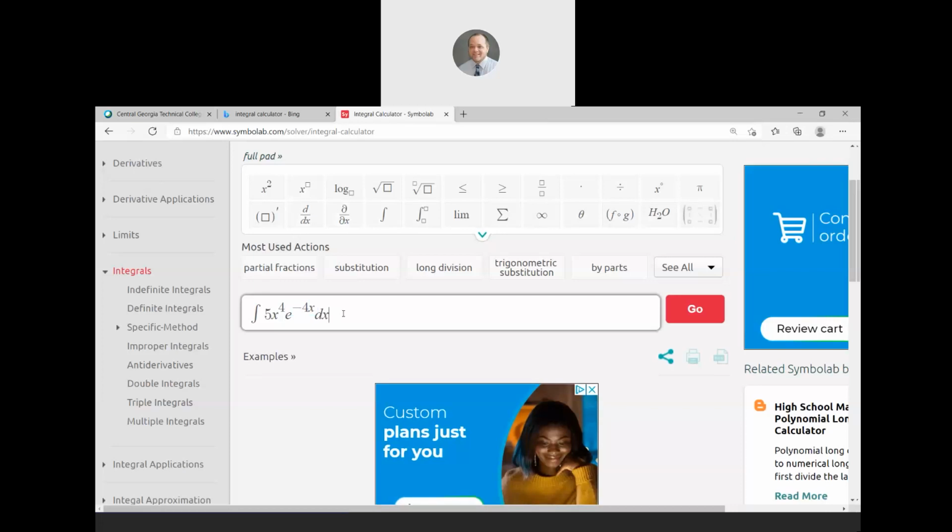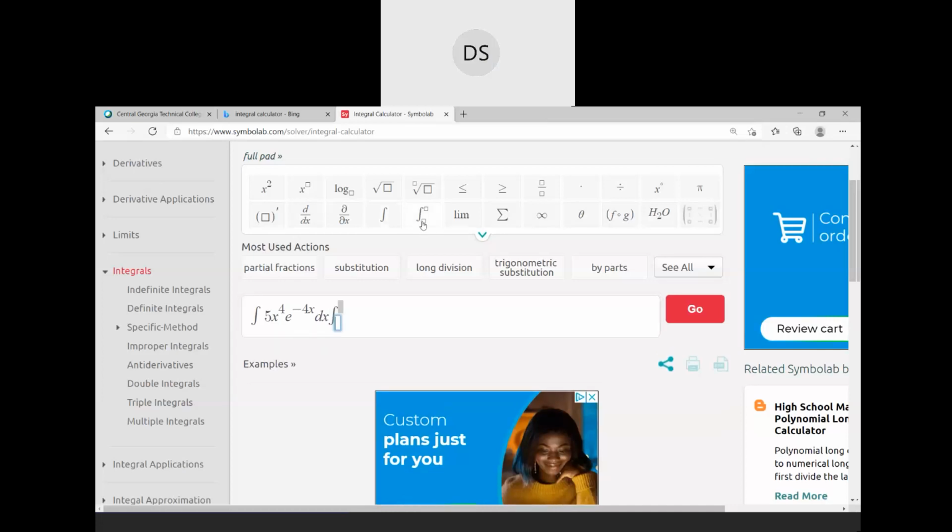Mr. Arnold, I always have a hard time seeing where you put the limits of integration in that. If there were for this problem, I see that there's not, but how do you get that in there? Okay, you see this integral sign next to the regular one? Oh yeah, okay. You just add that onto it.